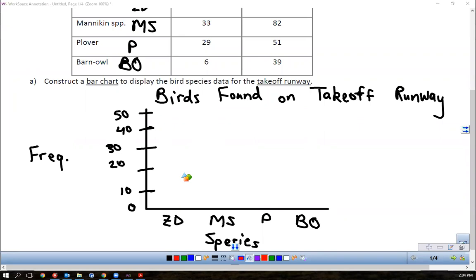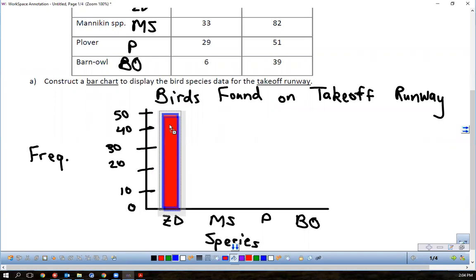I'm saying shapes because I'm just going to draw a rectangle. Zebra doves had about 49, so I'm going to come just below the 50. I really need to resize that some. There we go.